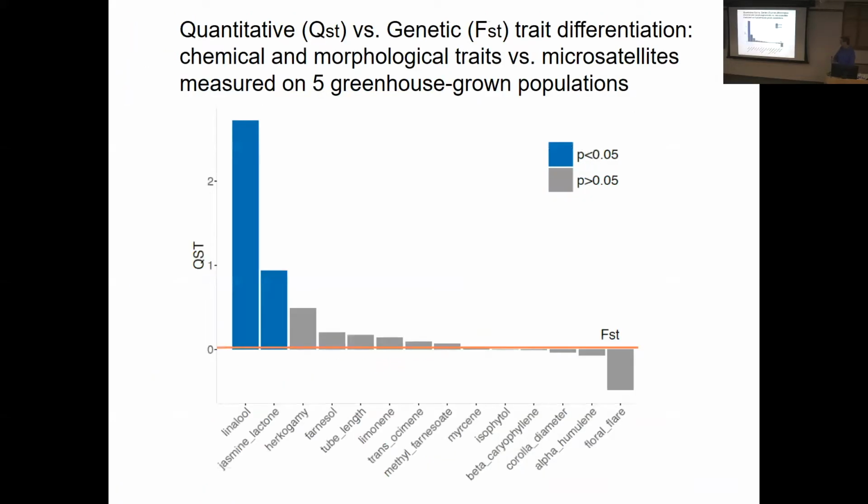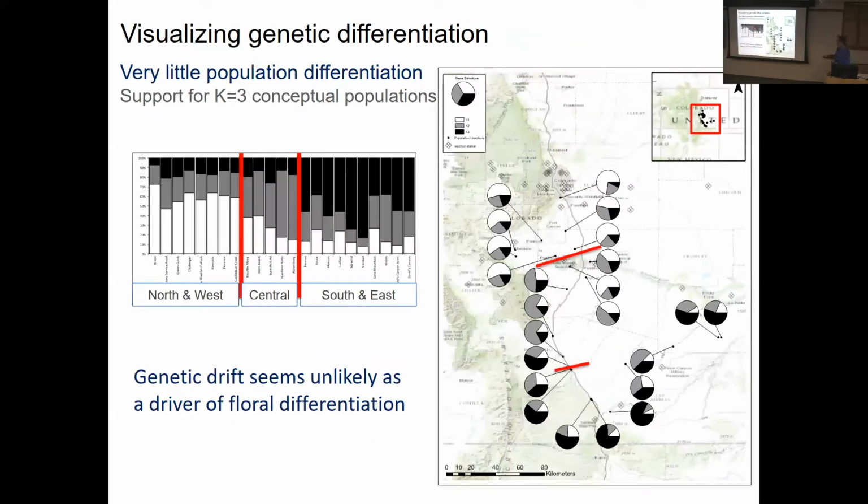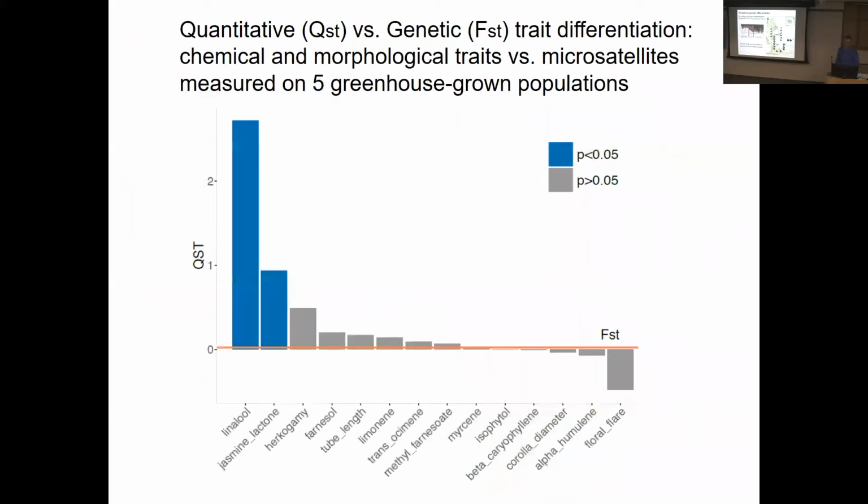And when we look at the structure analysis and we look at the alleles for these microsats, there's sort of tacit support for maybe 3 conceptual populations, but there's no private alleles, okay? There's no evidence that would make you think, Rob, this is drift, it's a neutral trait, give it up, all right? That's not what's going on here. There's gene flow across this whole region, okay?